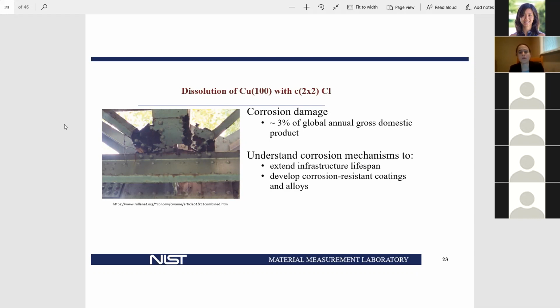Specifically, it would be crucial to understand corrosion mechanisms to extend infrastructural lifespan, to let bridges last longer, to let implants last longer, and specifically to develop corrosion-resistant coatings and alloys. And both of these strategies are needed, even though here I focus on coatings.